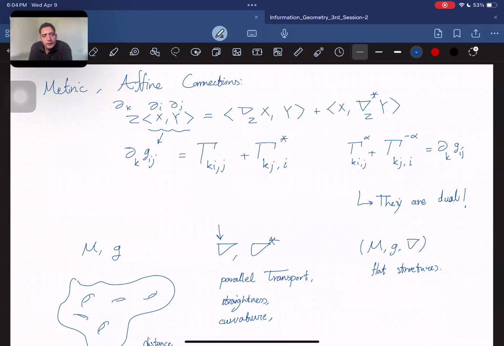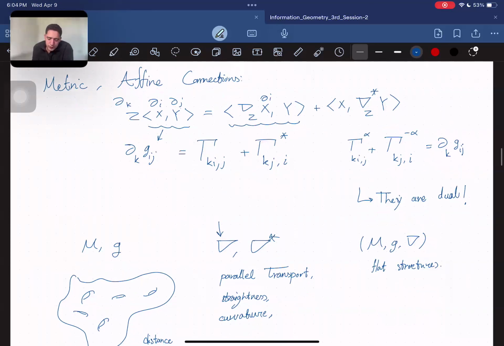If I take the derivative with respect to k of the inner product, it would be the same as if I take the derivative. This is i, this is k, this is j. So this is nothing but this definition, n to the power of 3 parameters of your connection.